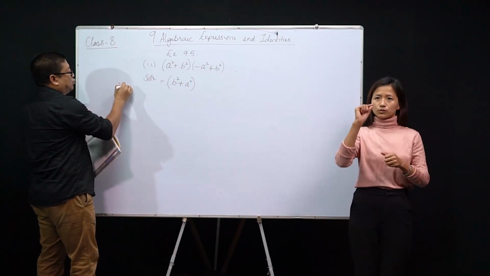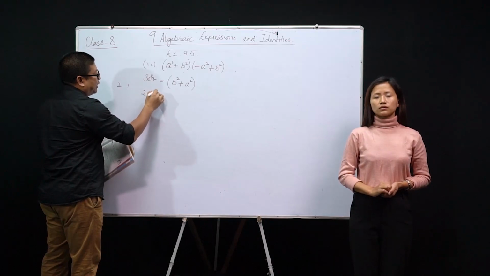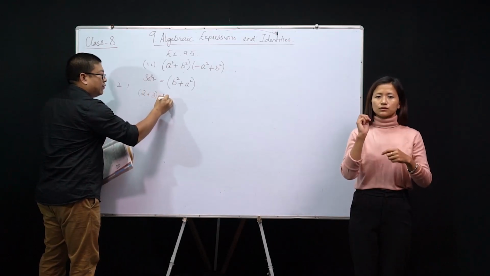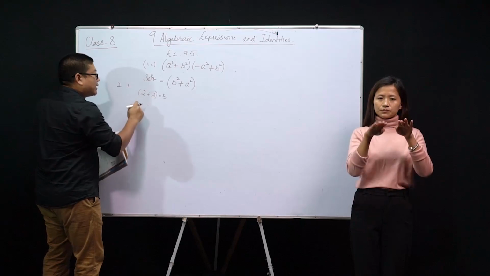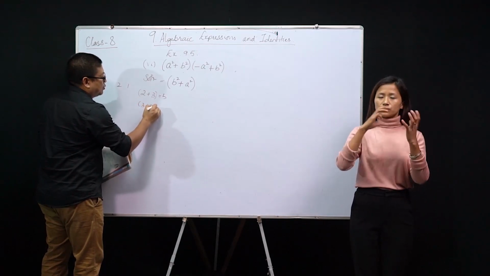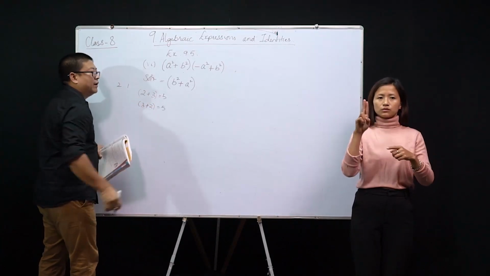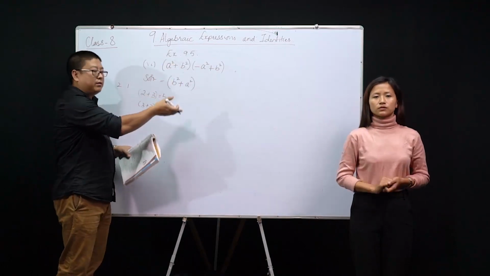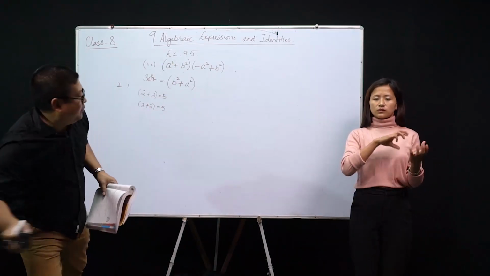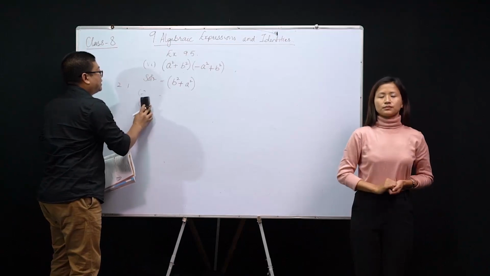For example, 2 plus 3 is equal to 5. If I change the position, 3 plus 2, you still get 5. So whether you change the position or not, it's all the same, isn't it? So it's similar to this.